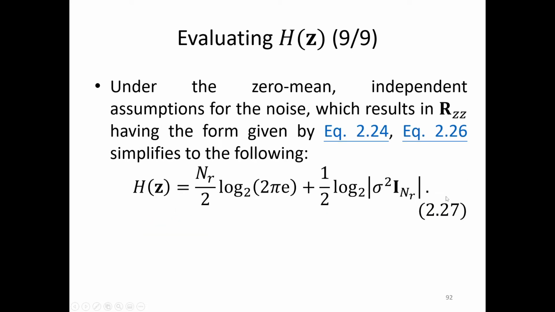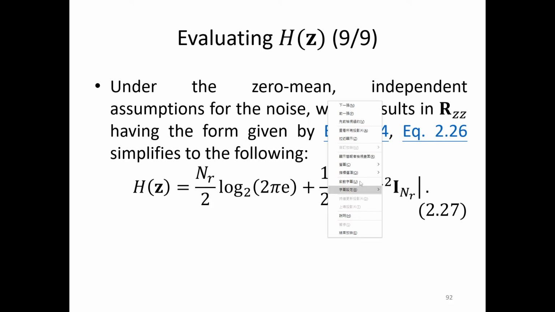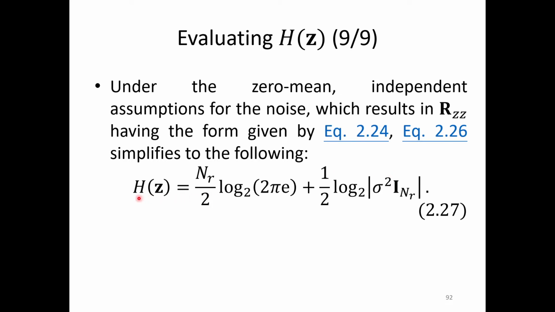Let us see equation 2.27. Where H of Z, and Z is the noise vector, is equal to NR over 2 times log 2 of 2 pi e plus 1 over 2 times log 2 of the determinant of sigma square times I_NR.